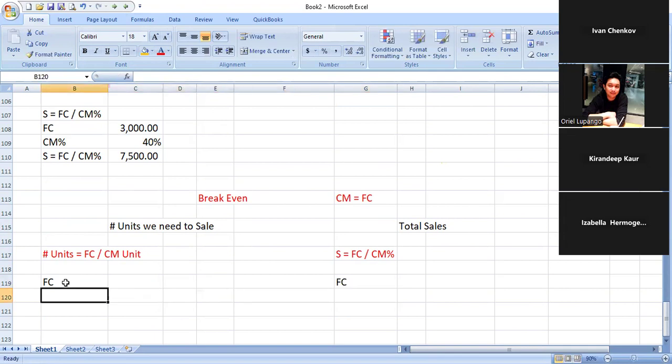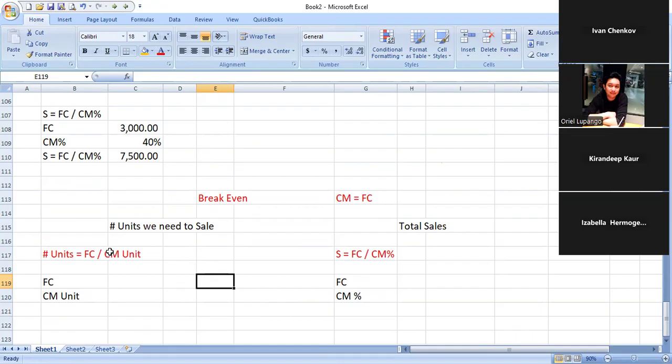But in both formulas you need contribution margin as well, but at a different level. Here you need contribution margin per unit, where here you need contribution margin ratio. Make sense? Once you get those two, you can find everything.